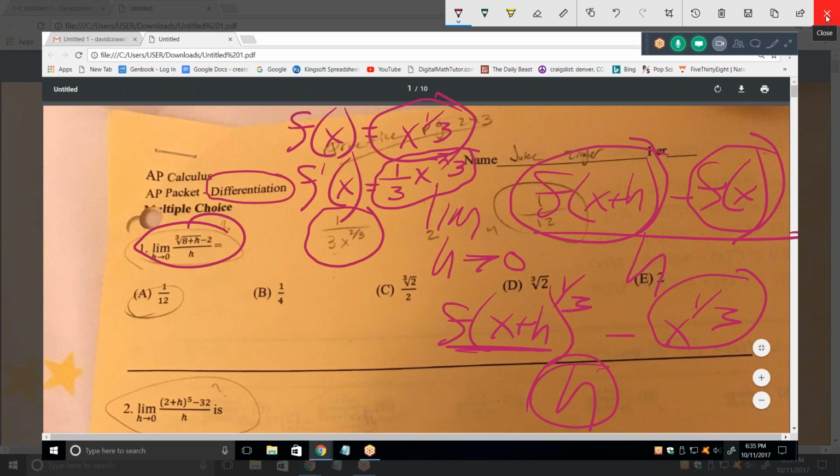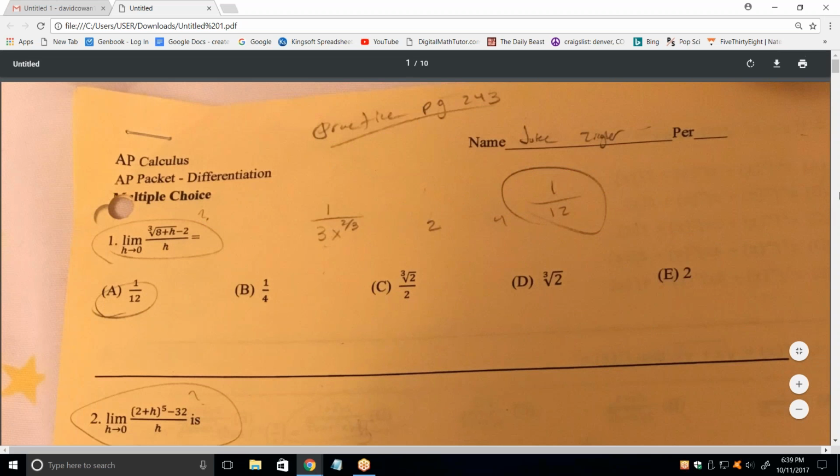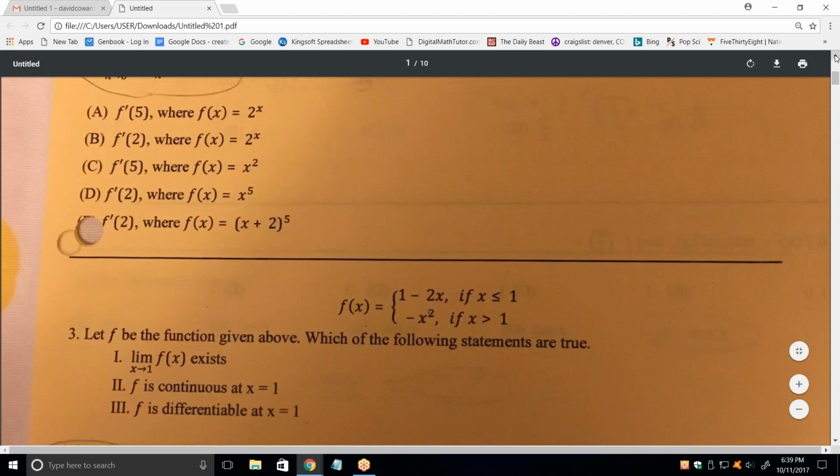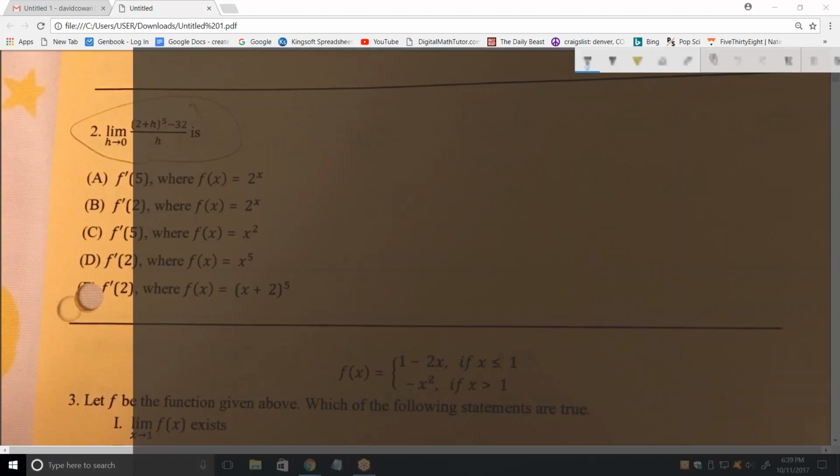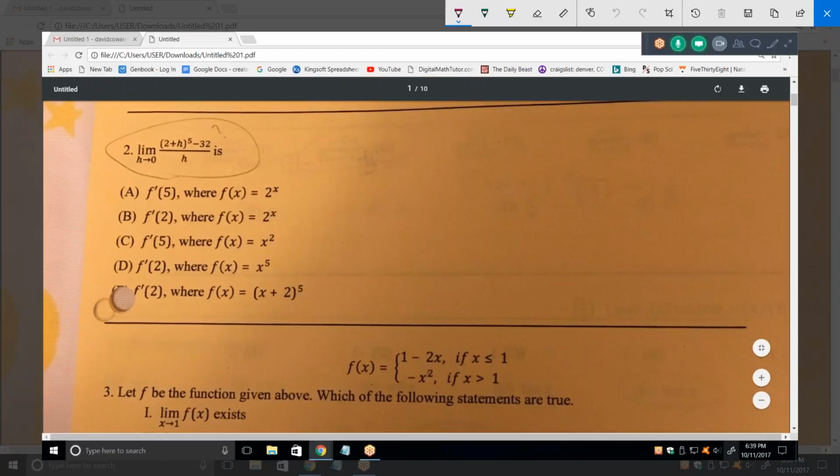Now, it's not that obvious how to figure it out. Let's do another one, just so we can see a little bit more how this works. So this is a similar problem. It's going to be tough to solve this using our rules of limits. So what do you think the function is? 2 plus h to the 5th power.